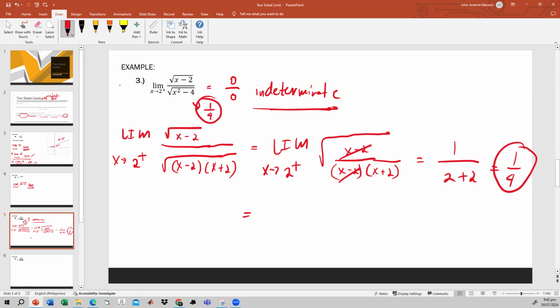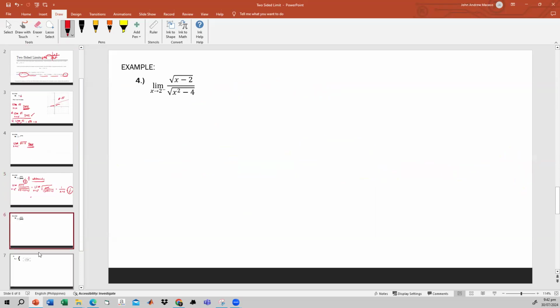Okay, so I hope we're all clear with this now. Okay, next. What if I tried to change the approaching value? What if I make it from the left of 2?